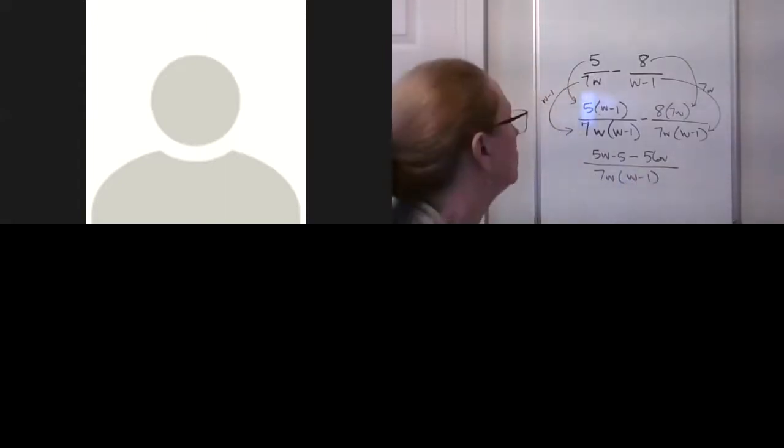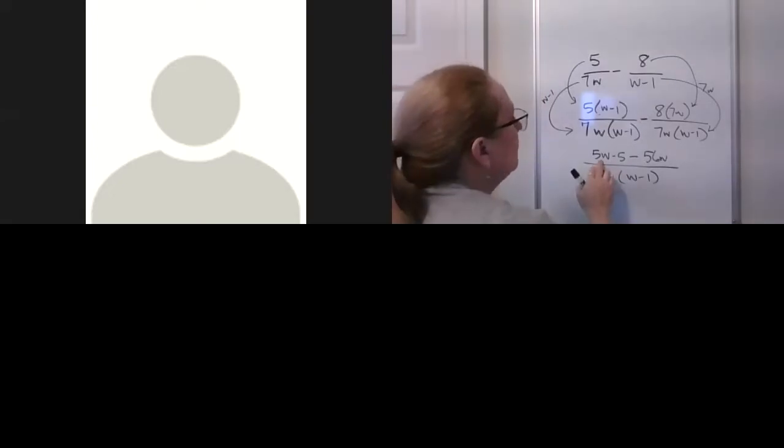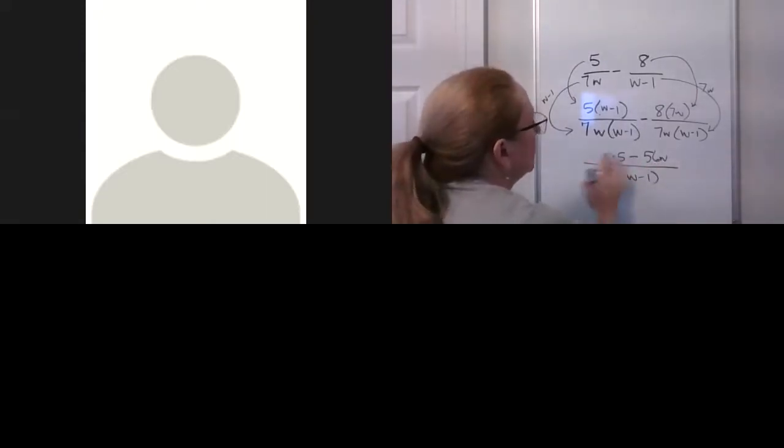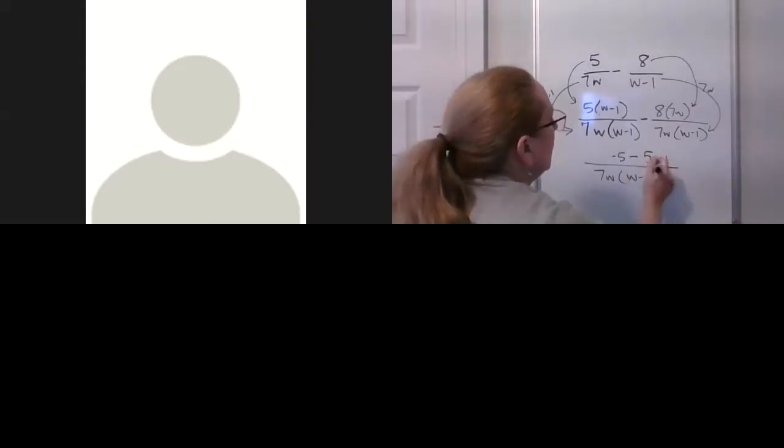Yes, we can combine like terms. We have 5W and minus 56W. Those both have W's. If we take 5 of them away from there, we end up with negative 51W.